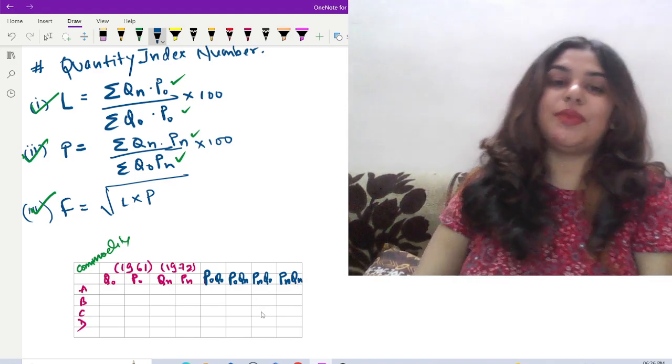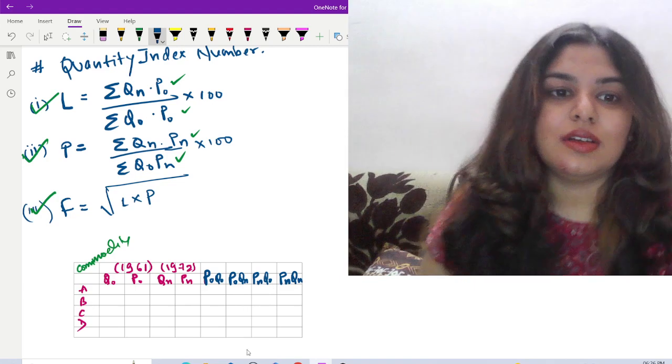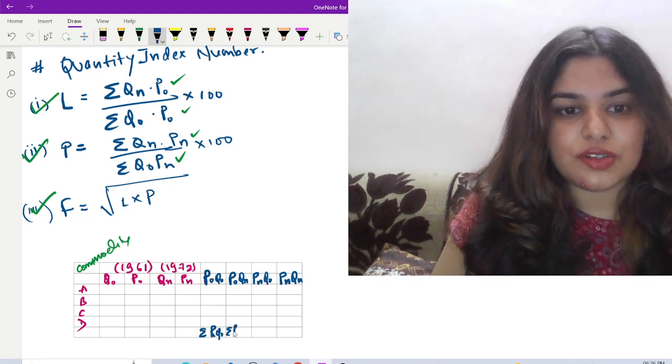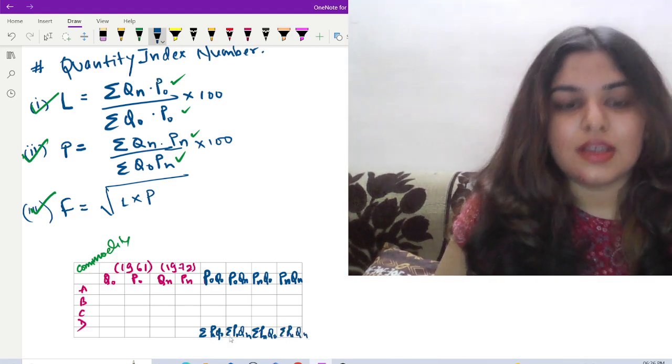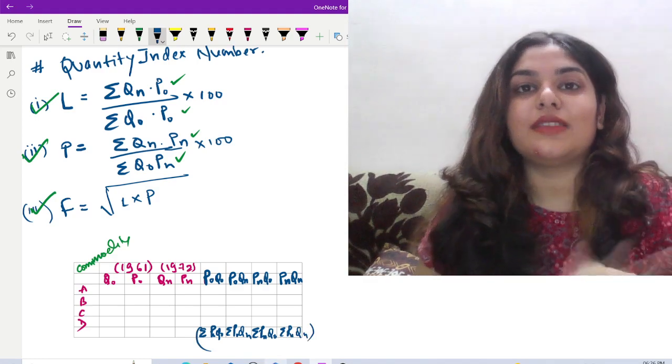So these are the 4 combinations we need to calculate in order to find out the answers. And in the end, we are going to take the summations: summation of P0Q0, summation of P0Qn, summation of PnQ0, and summation of PnQn. So these 4 results we will need in order to calculate the Laspeyres and Paasche index numbers.